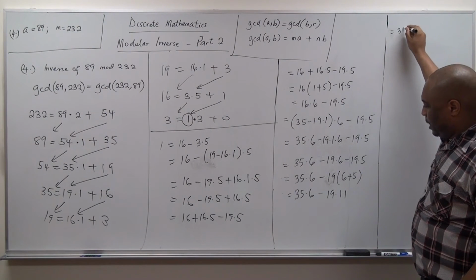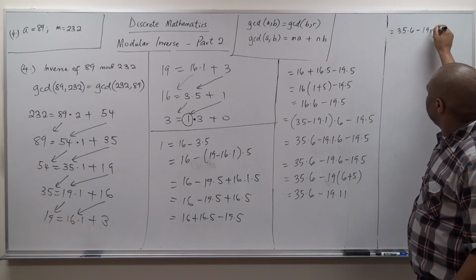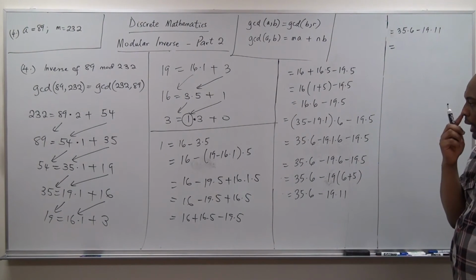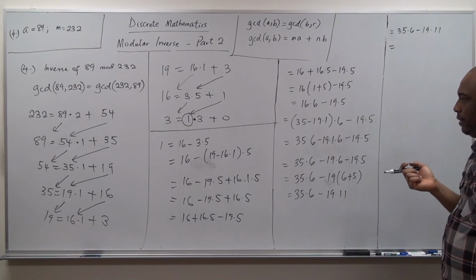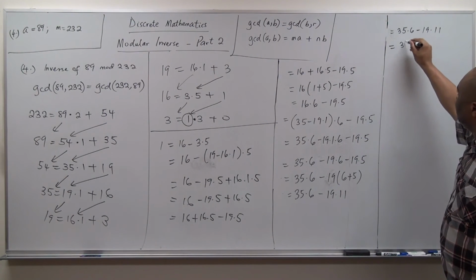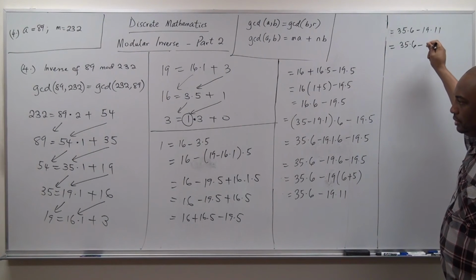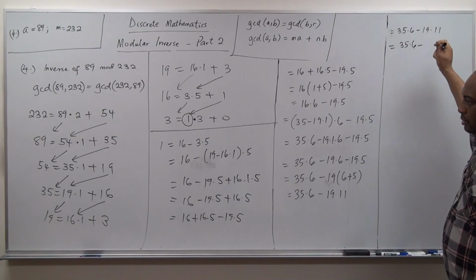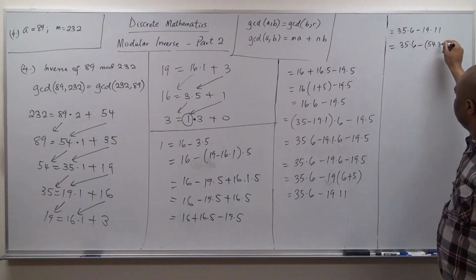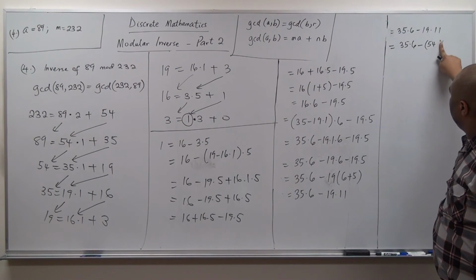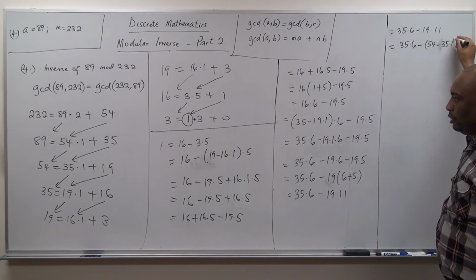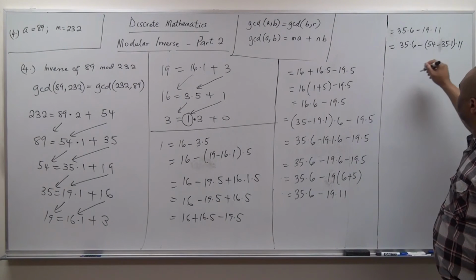This is now 35 times 6 minus 19 times 11. I've done that of 16, right? So I'm going to do that of 19, which is now 35 times 6 minus 19 is 54 minus 35, times 1 times 11, right?